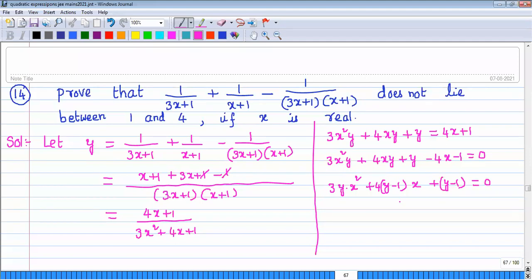So it's a quadratic equation in x. Now here a equals 3y, b equals 4 times y minus 1, and c equals y minus 1.